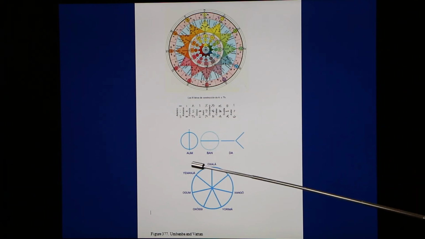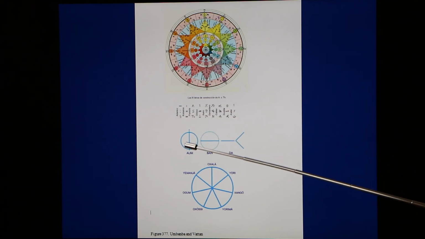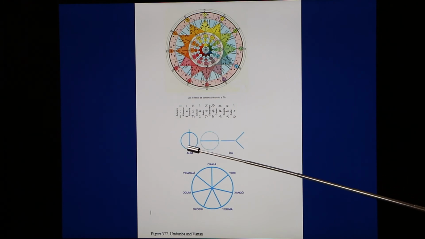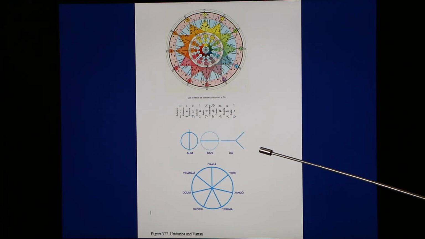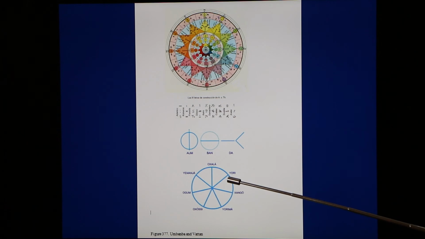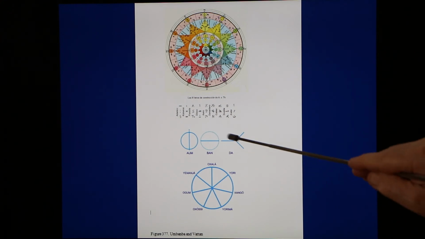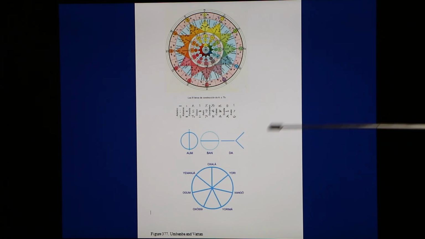Here another version, and here are the three first letters Aum, Ban, Da, of this Umbanda, which of course is a circle with a line. The same thing rotated 90 degrees, and then going out like that in the form of a Y. And here the 7 Orishas.